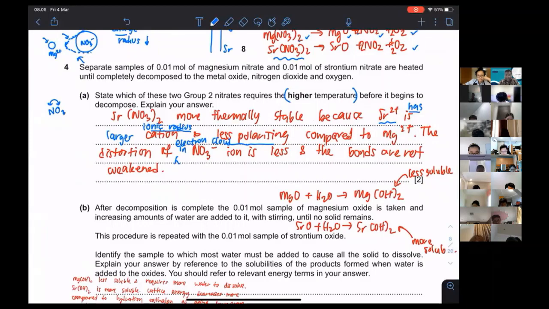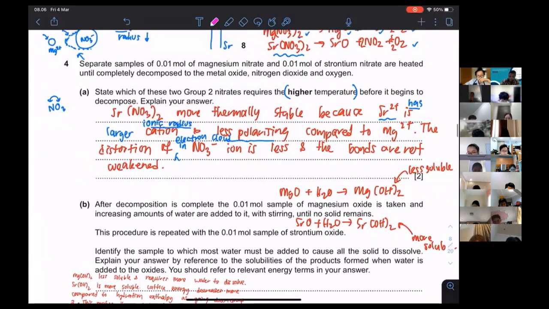The points are very important. I will highlight the points that might give you the 2 marks here. You need to mention this, of course, because they asked which one. Then one more mark must be related to either larger ionic radius, but you also need to mention the bonds are weakened.